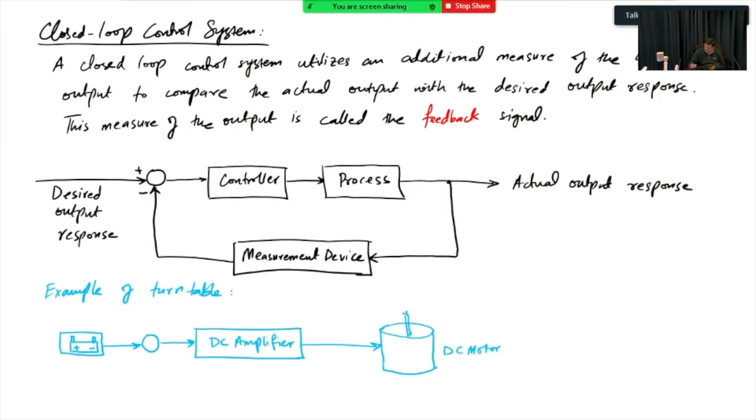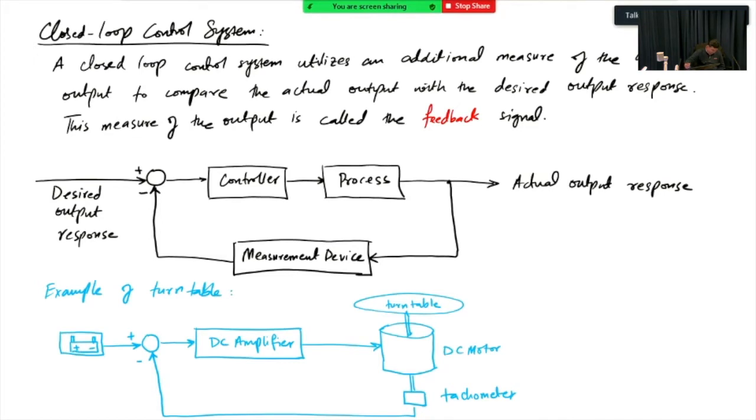So the motor has a turntable connected to it, and the motor shaft has a sensor, or something called a tachometer that measures the speed, and that reading is fed back to the input, and then that closes the loop in the system.